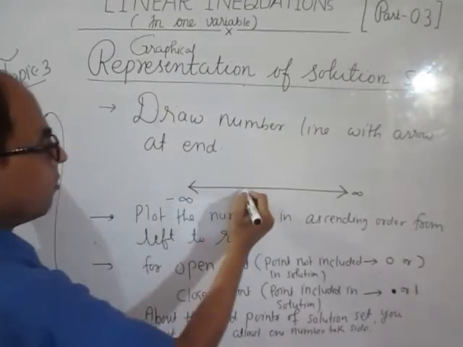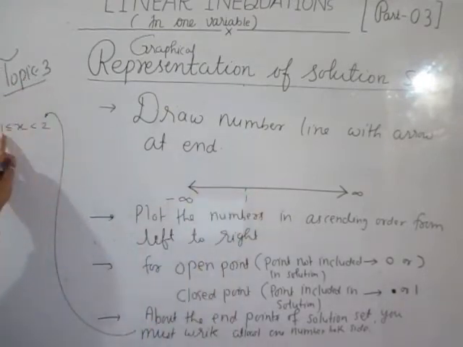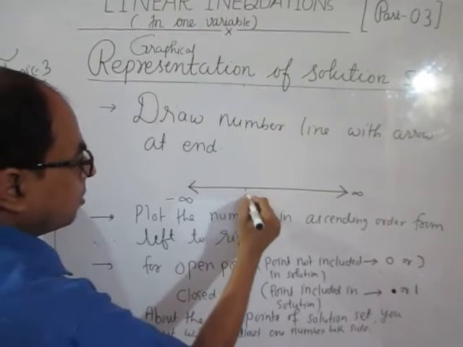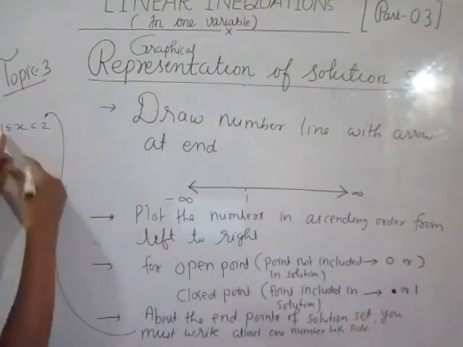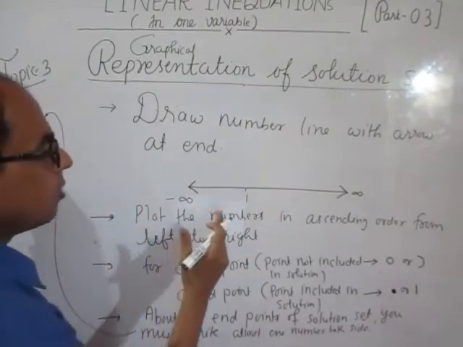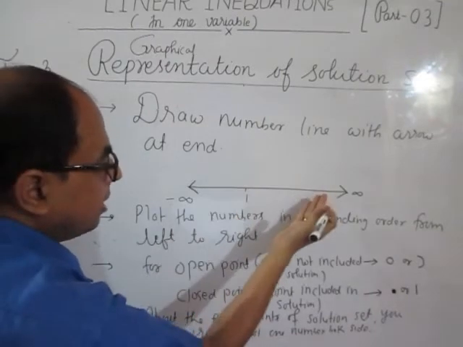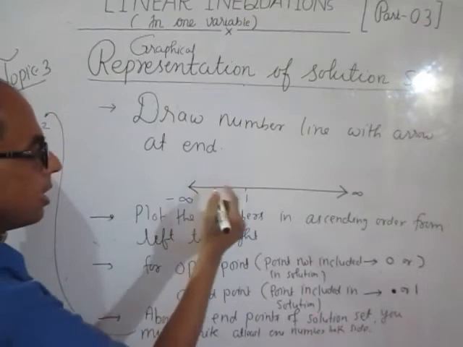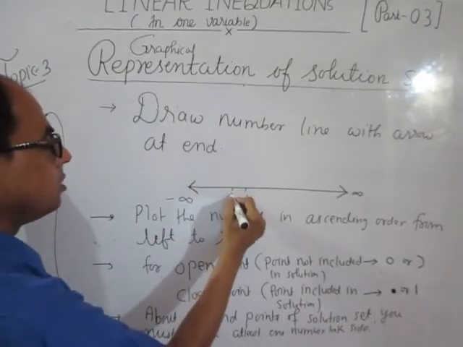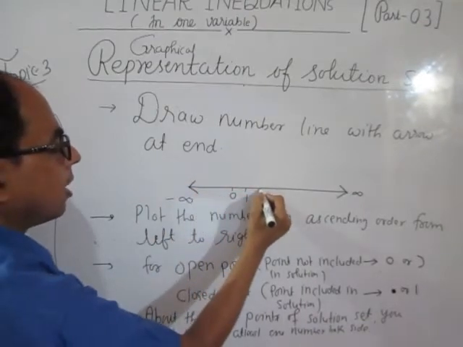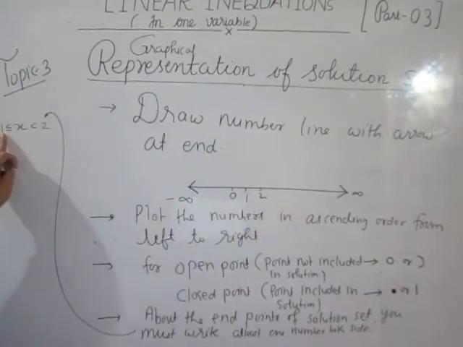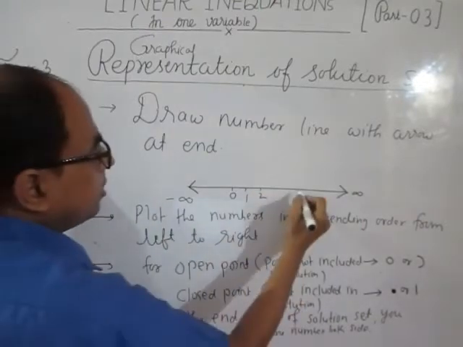Suppose I plot here 1. That means it is compulsory to write here 0 and here 2.